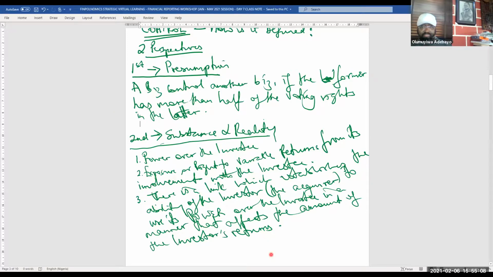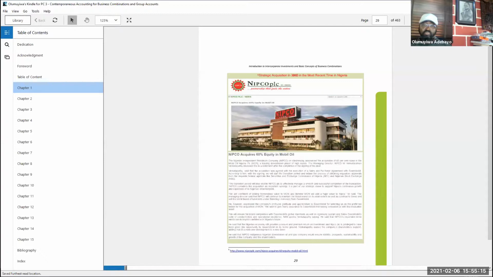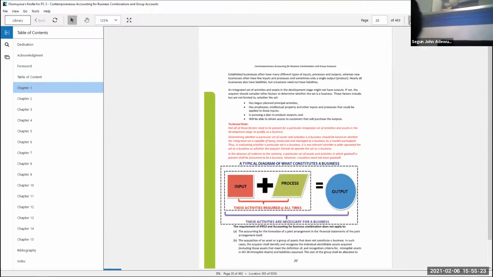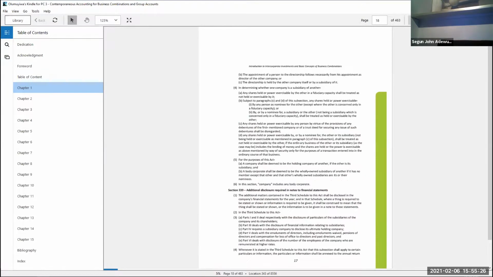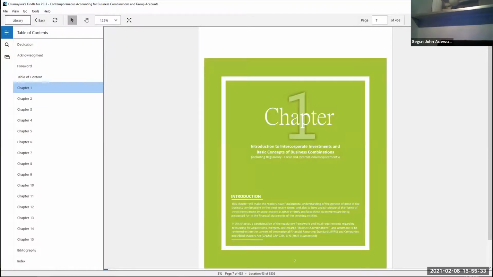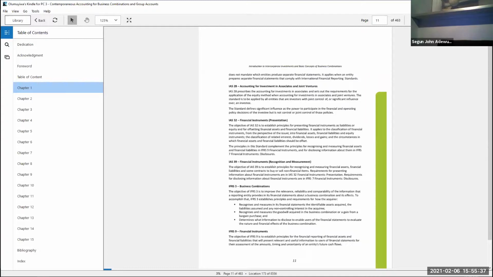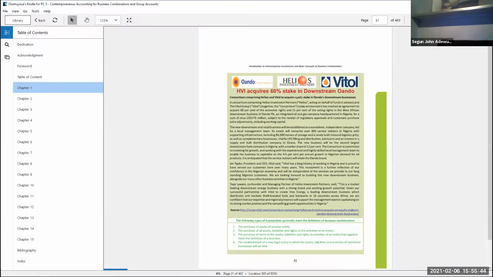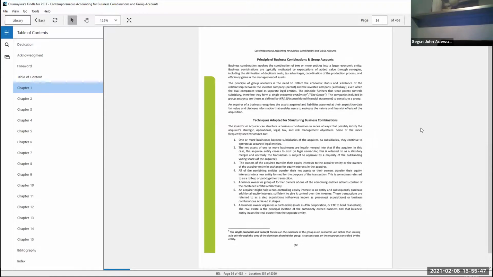Now let me try and share something. Now, you can read further about the principle of business combination, which we have discussed, and the techniques that are adopted in structuring a business combination.